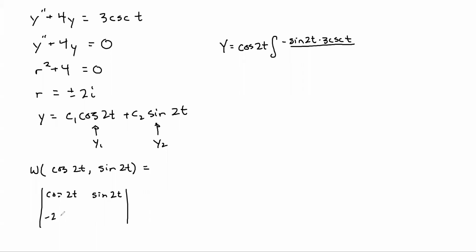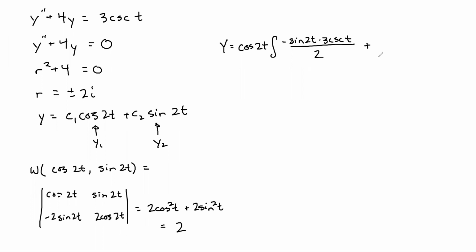Negative 2 sine 2t. And then the derivative of sine 2t is 2 cos 2t. And so what do we get? We're going to get 2 cos squared t plus 2 sine squared t. So that equals, sine squared plus cosine squared is 1, so we get 2. All right, so we're going to have 2 down here in the denominator.